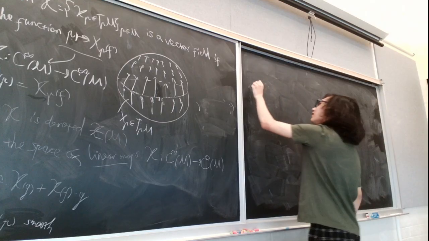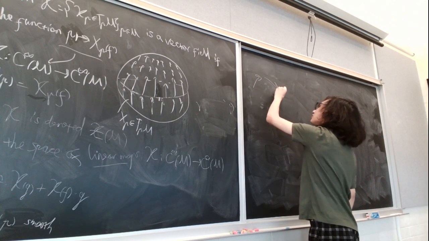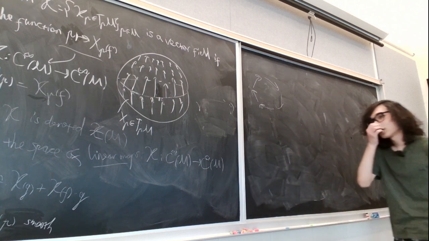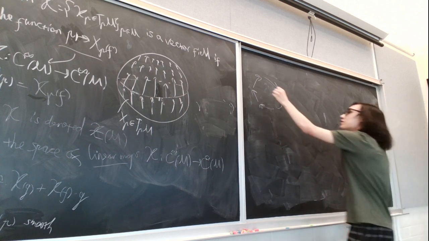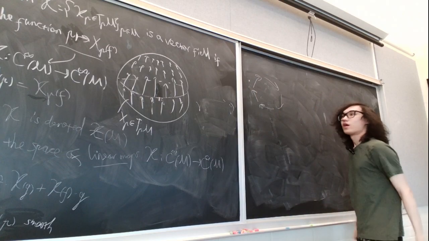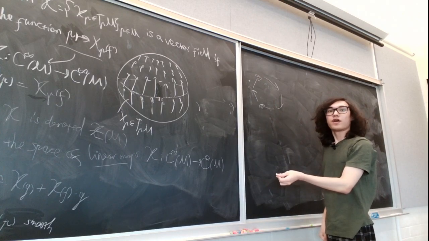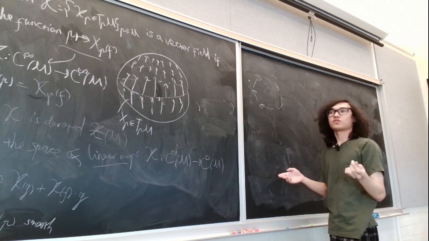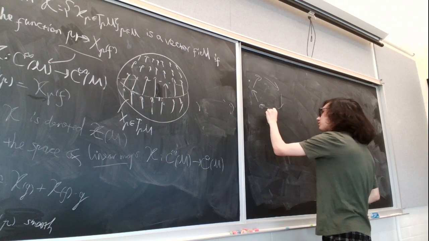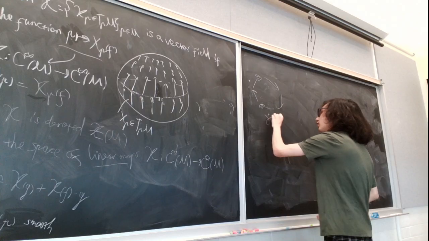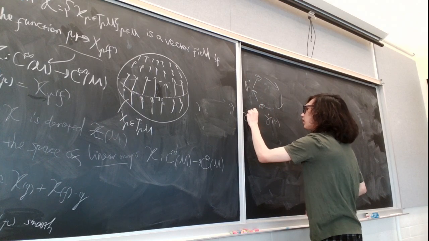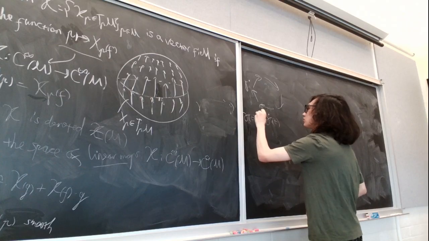Suppose you have some kind of vector field, and a natural thing to think about is, okay, let's say I pick a point, and then I want a curve that is tangent to the vector field at every point. Specifically, if this is p, I want, first of all, that gamma of 0 is equal to p.